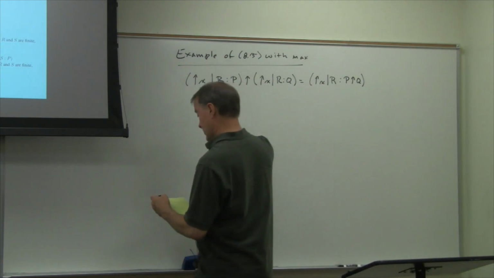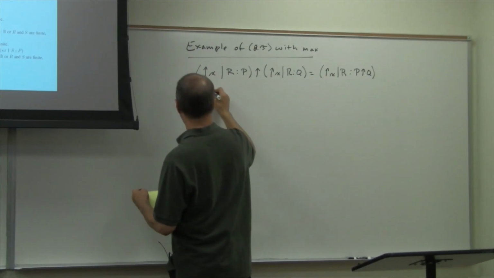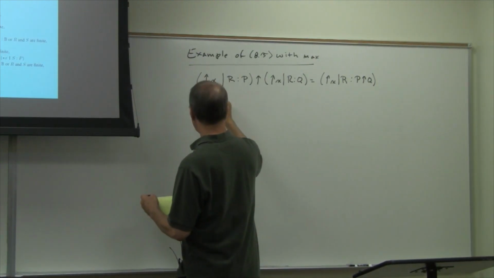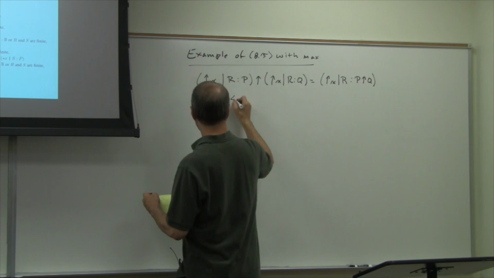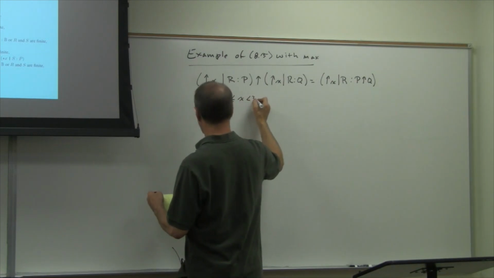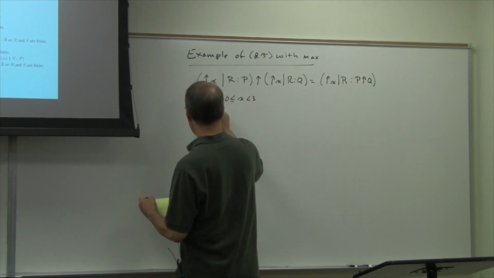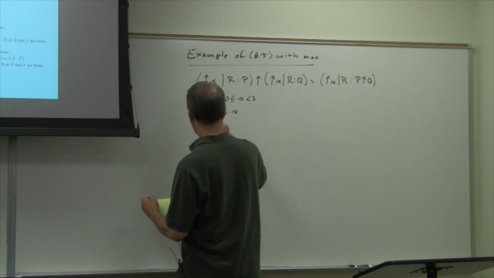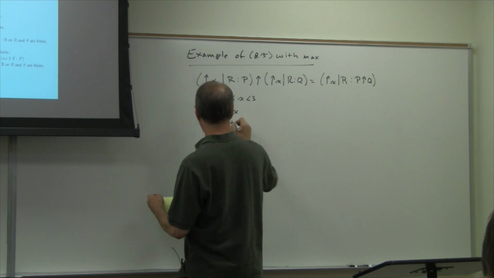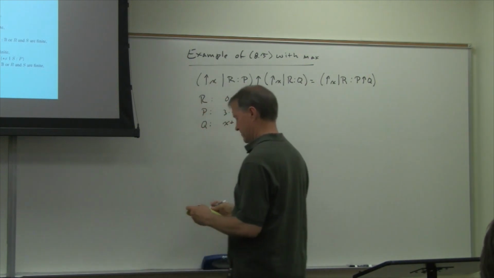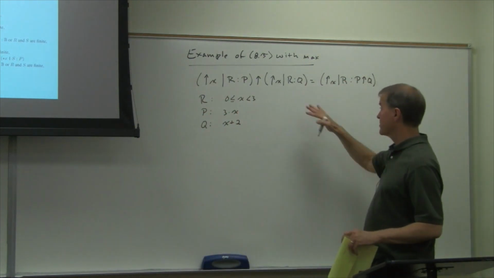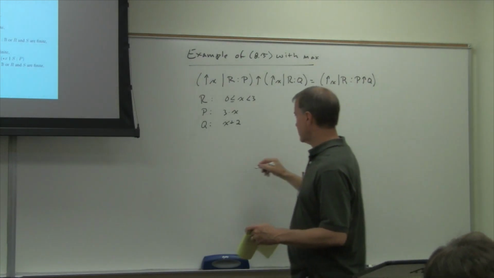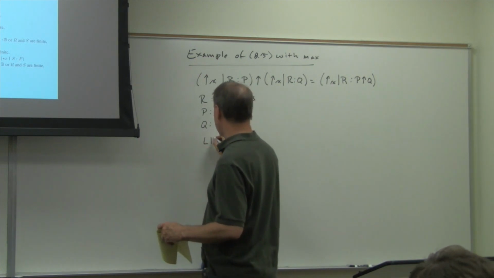So let's do it for these. Let the range be 0 less than or equal to x less than 3, let p be 3 times x, and let q be x plus 2. We'll do the left hand side and then the right hand side, and we'll see that they are equal.